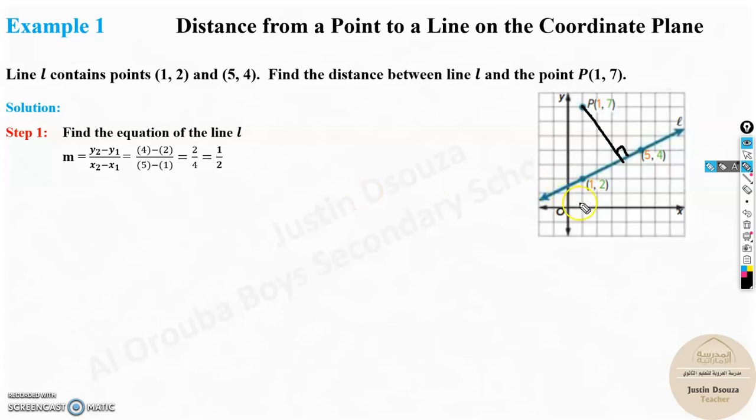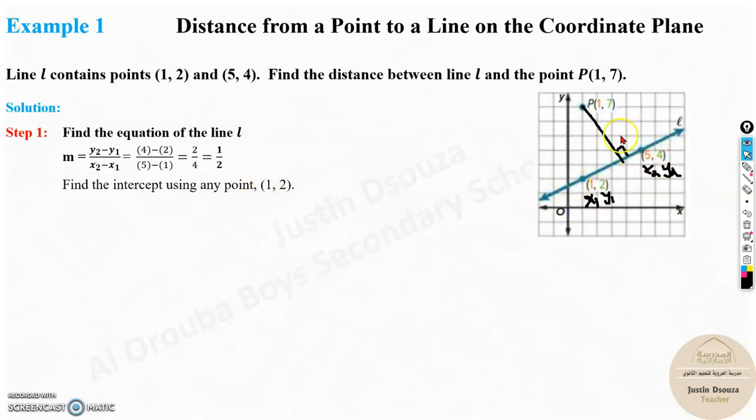We can consider these as x1, y1, x2, y2. Now we just substitute this in the formula: 4 minus 2 divided by 5 minus 1. You will get the answer one half, that is 0.5.